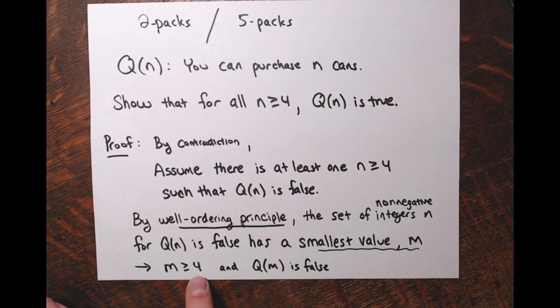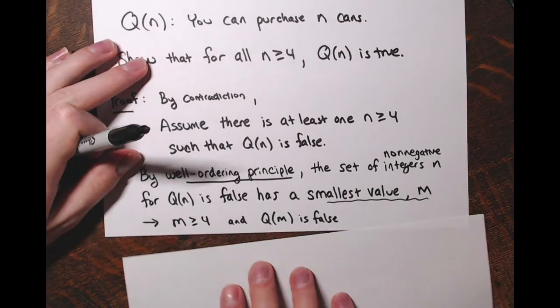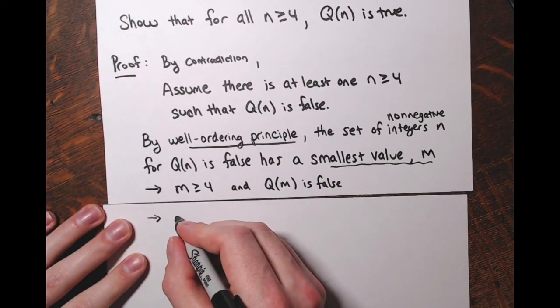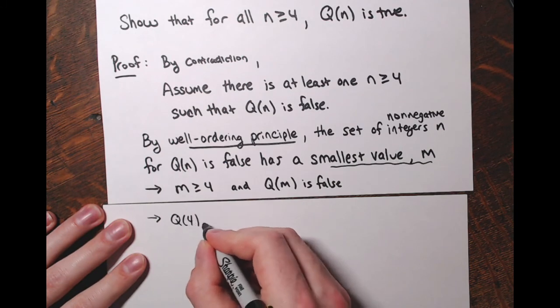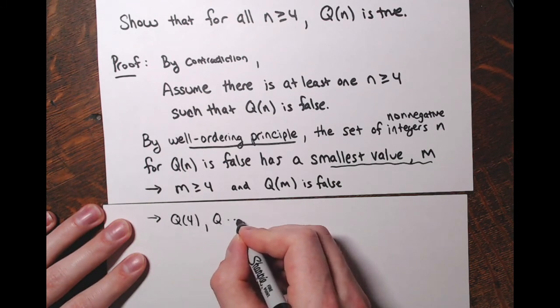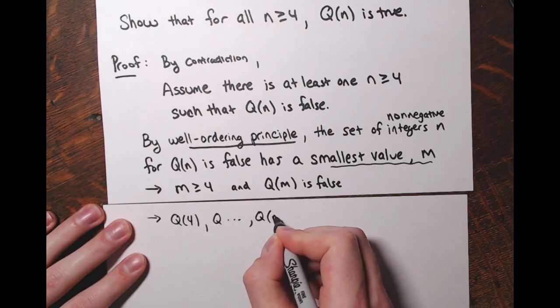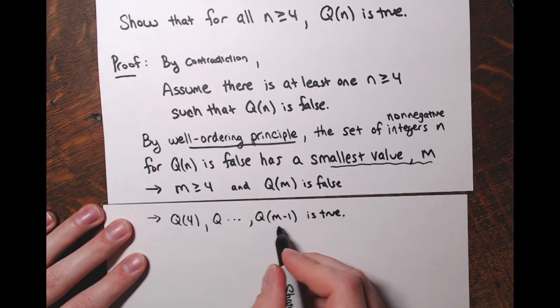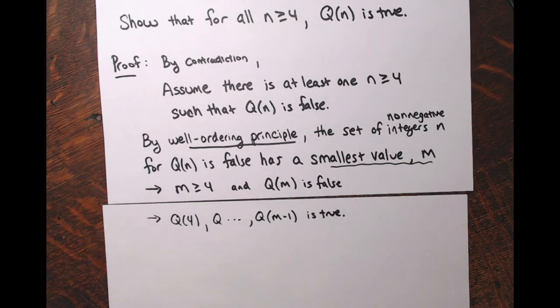This means from 4 up to m minus 1, so Q of 4 all the way up to Q of m minus 1 must be true, because all these values are smaller than m.